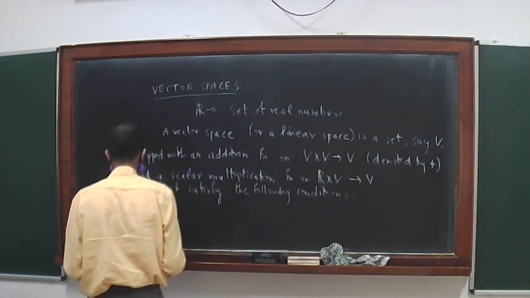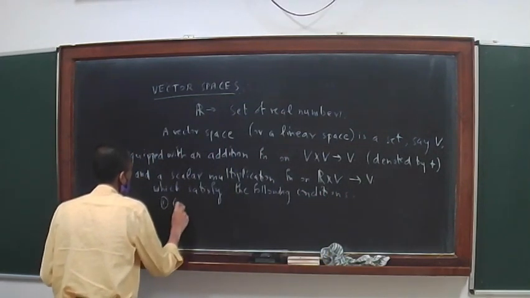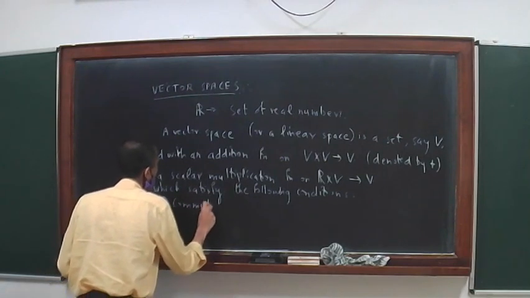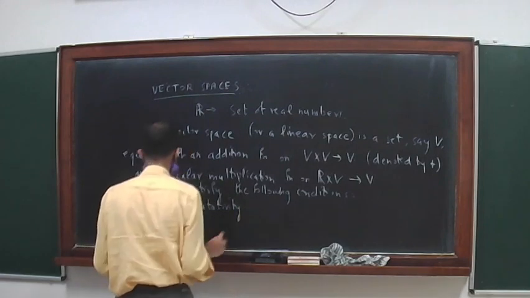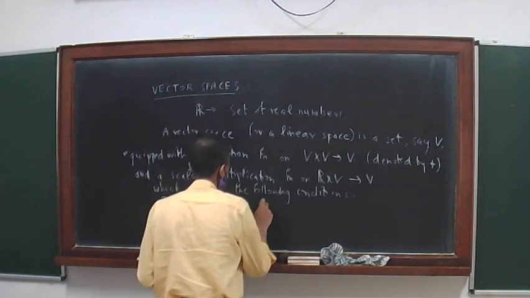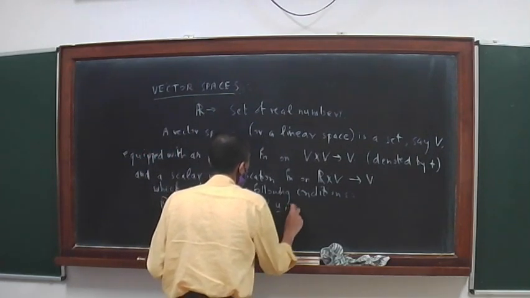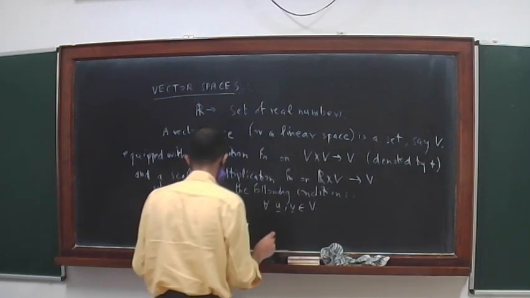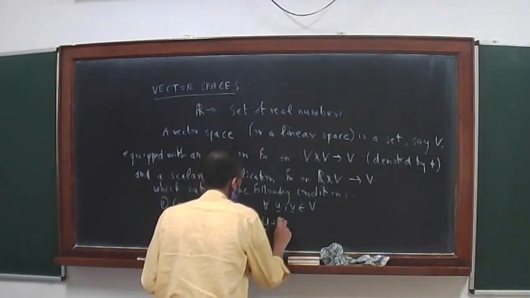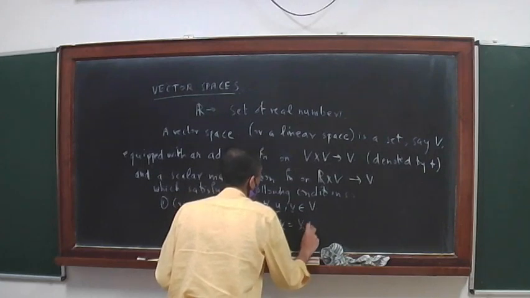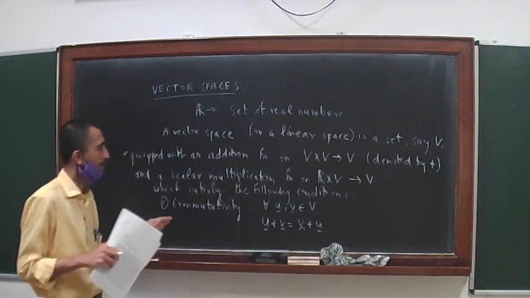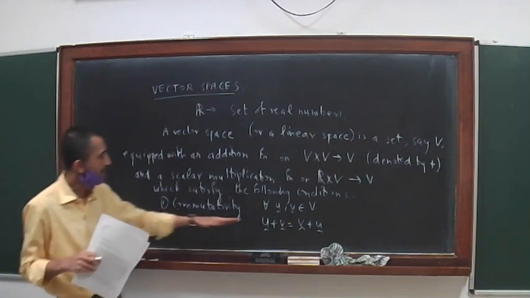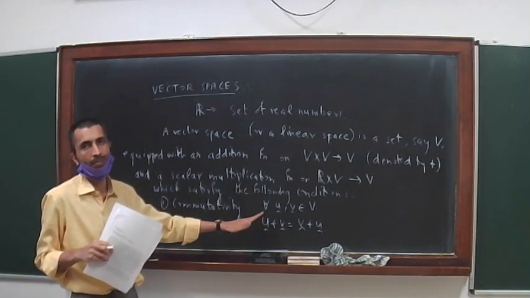The first one is commutativity. For all u, v belonging to V, u plus v is equal to v plus u. You will see that most of these properties are very similar to properties of real numbers.